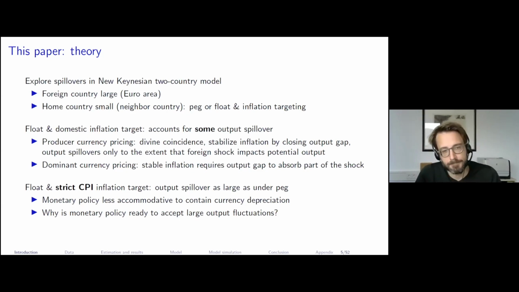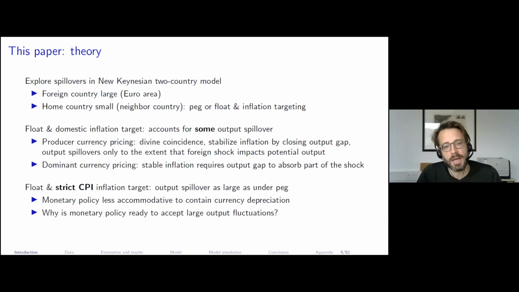And then quite neatly in this simple model, we get output spillovers under a float which are just as large as under the peg. And in this sense, we can account for what we find in the data. So with the CPI targeting, of course, monetary policy tolerates much less of an exchange rate depreciation. And so that's also consistent with what we have in the data.